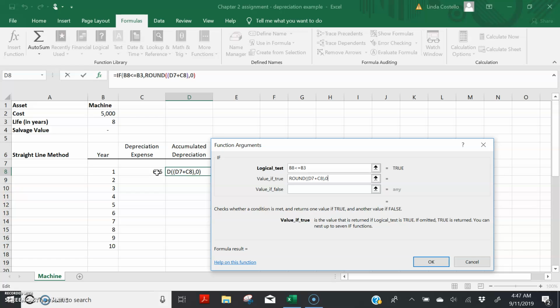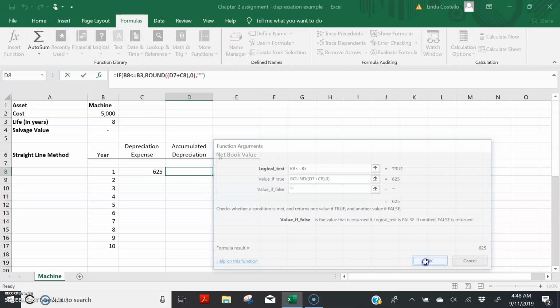Round that to 0 decimal places and close off the formula. That's what they're instructing it to do if it's true. If it's false, if the years in which we are depreciating are greater than the total years in the life, then we want to put in a blank space, 2 quotation marks side by side.